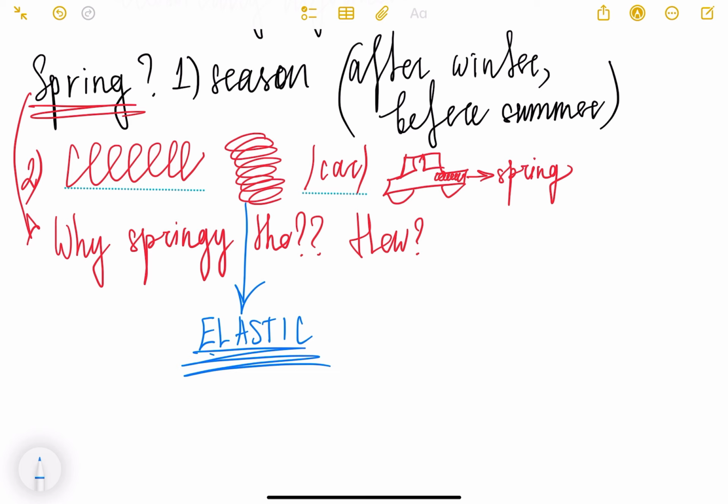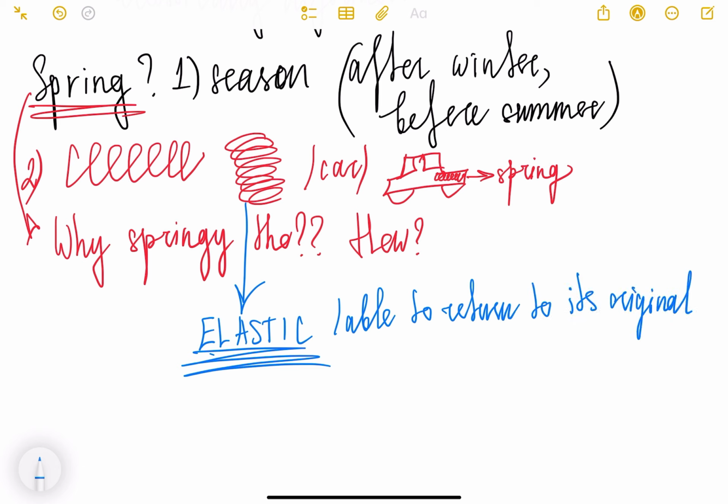And elastic is able to return to its original shape. Spring is a material that is able to return to its original shape.